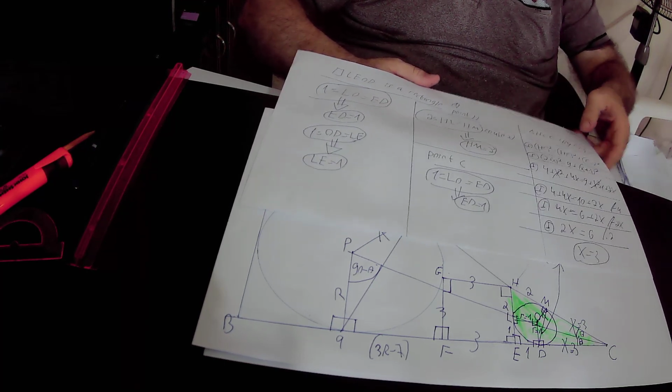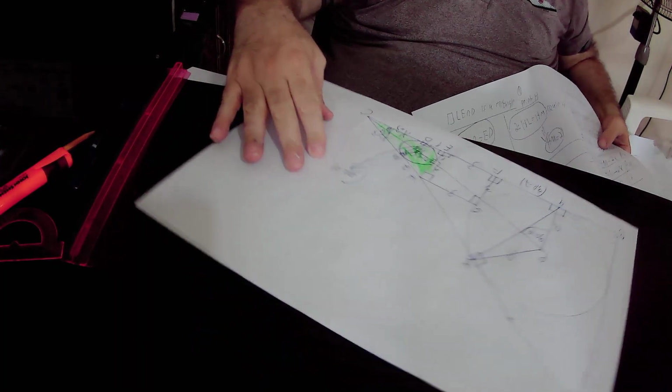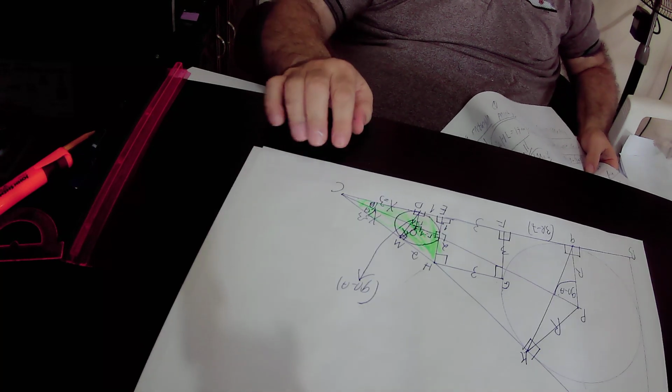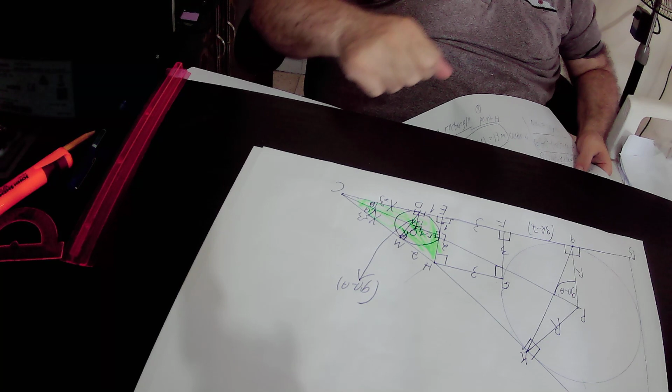Likewise, we then focus on the common point C. From the common point C, we have two tangents to the circle, tangent CD and tangent CM, and according to rule number 2, they are equal to each other.